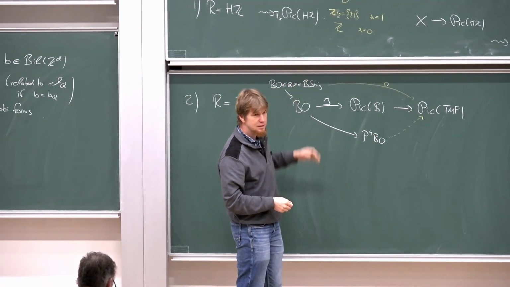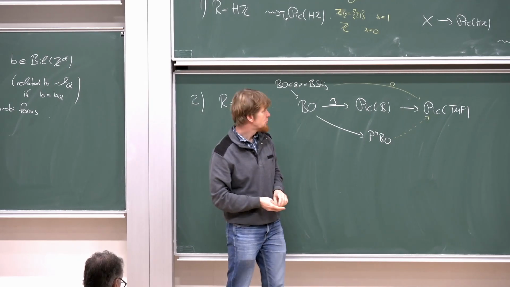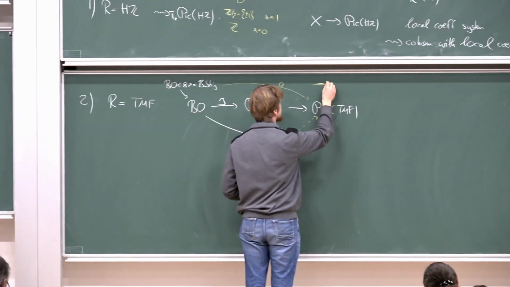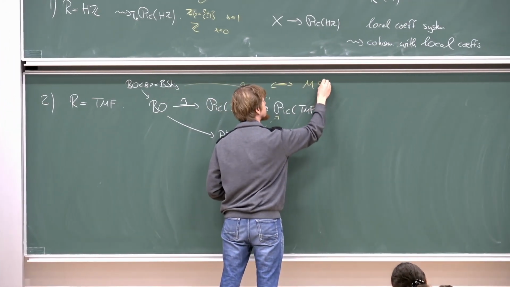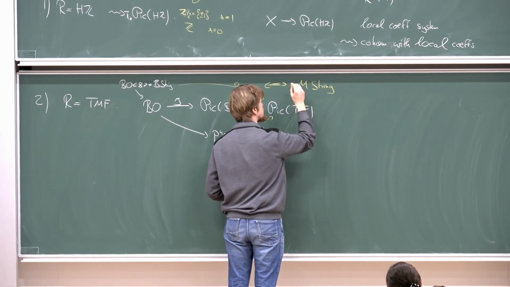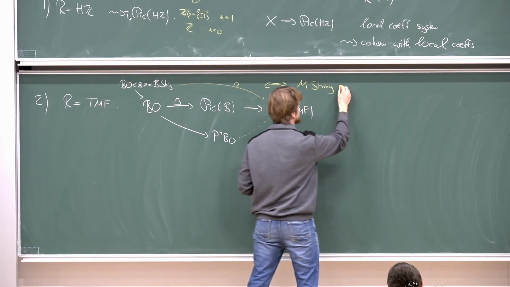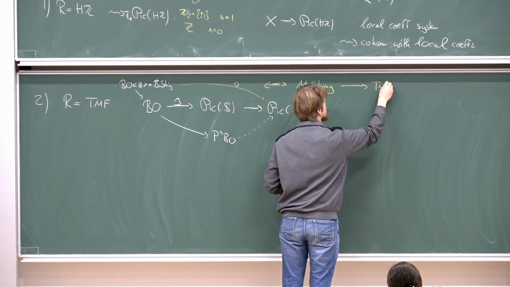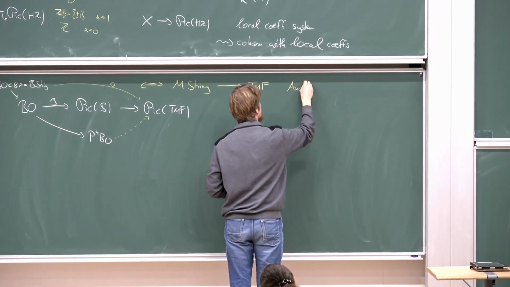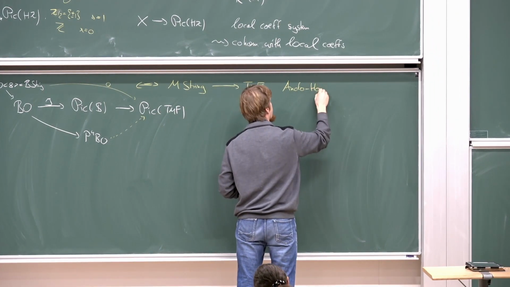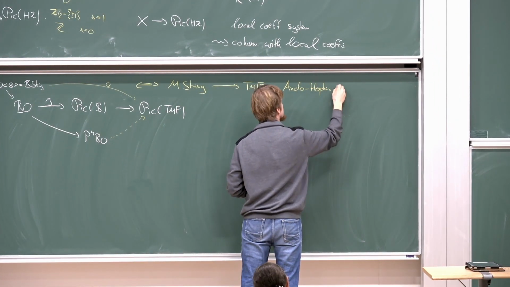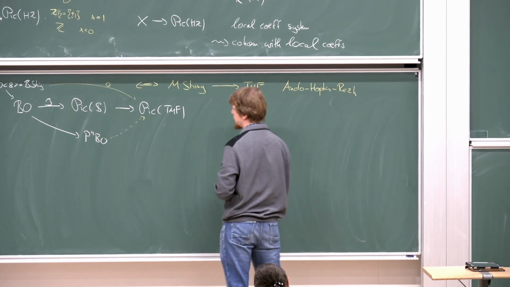So why is this null? This is a pretty difficult theorem, which is essentially equivalent to the existence of a map from the string bordism group, so the Thom spectrum for this, to TMF. It's the Ando-Hopkins-Rezk string orientation. From this we get this map.